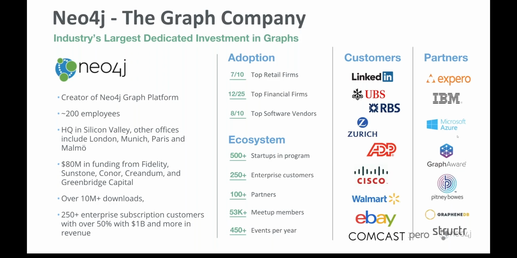So we've built out a fantastic company with more than 200 employees based in Silicon Valley, but we have large offices in London, Munich, Paris, and Malmö, Sweden. Well-funded, lots of enterprise subscription customers. As you can see from this little slide here, really a market leader in this space.